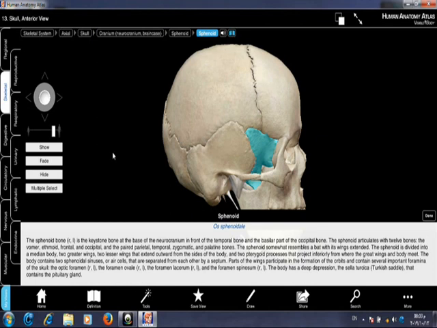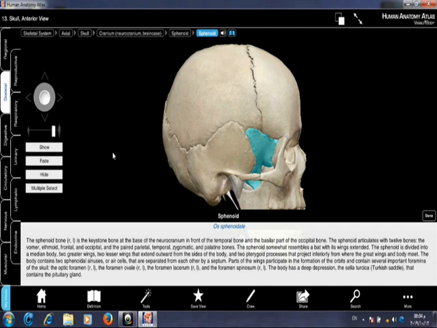The sphenoid bone, right and left, is the keystone bone at the base of the neurocranium, in front of the temporal bone and the basilar part of the occipital bone.